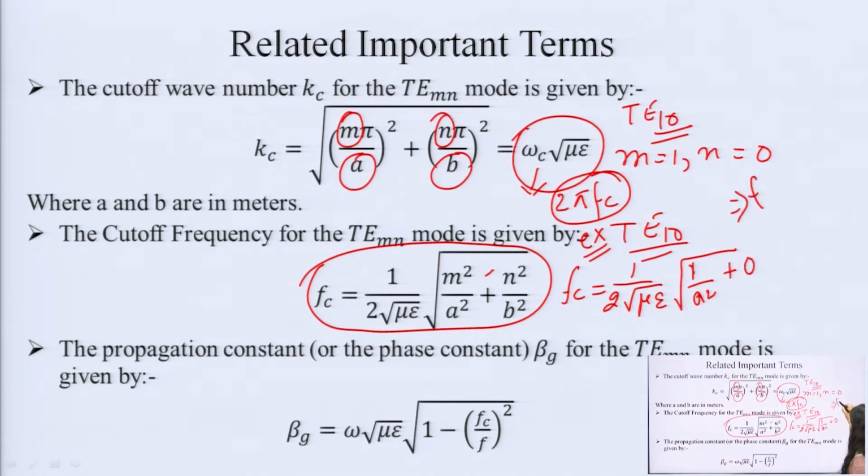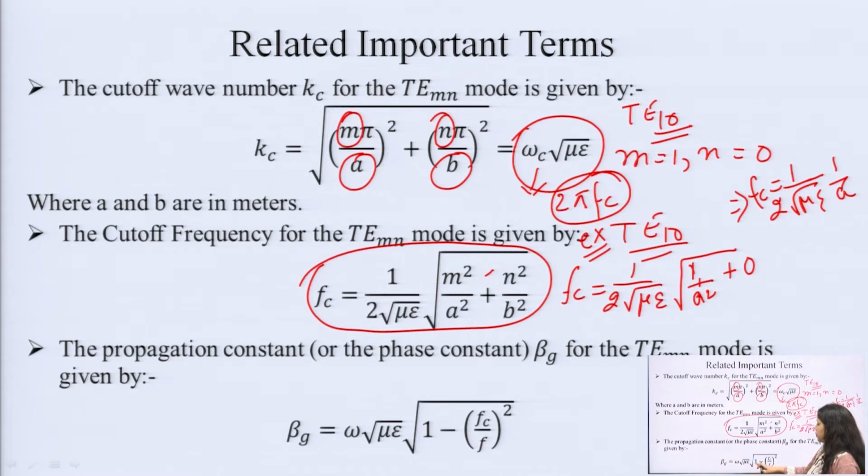So, Fc is 1 by 2 under root mu epsilon times 1 by a. This is the method of calculating the cutoff frequency.